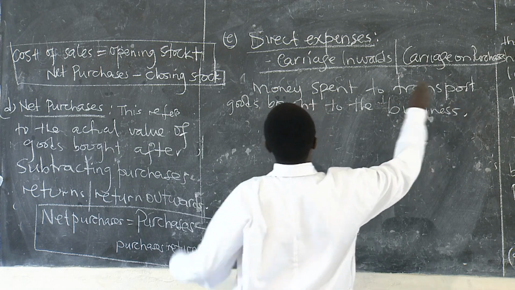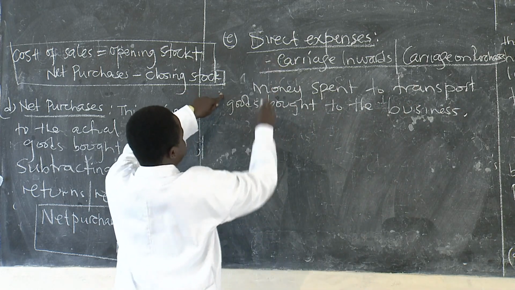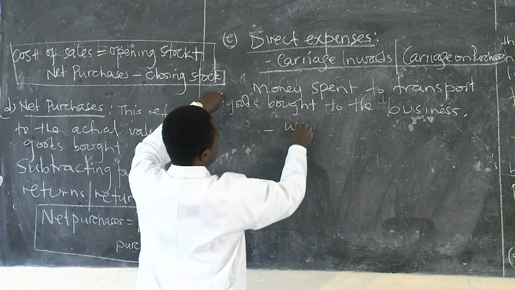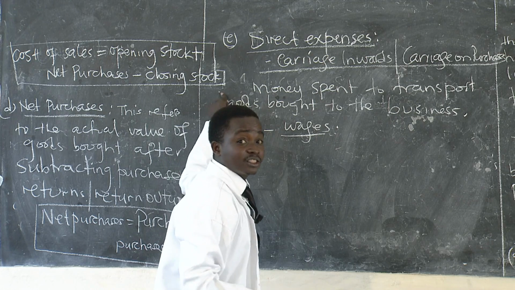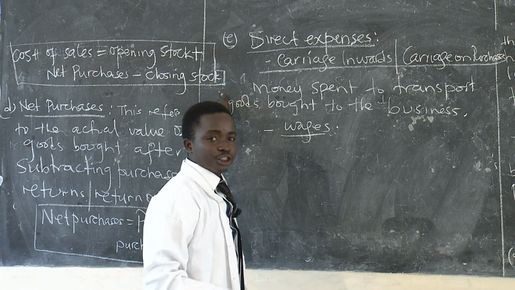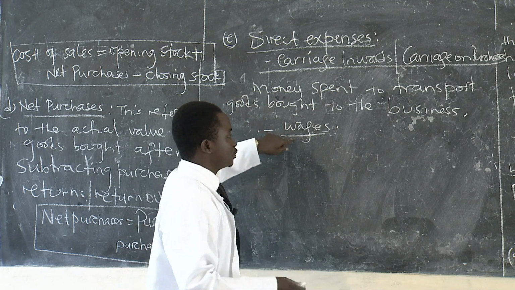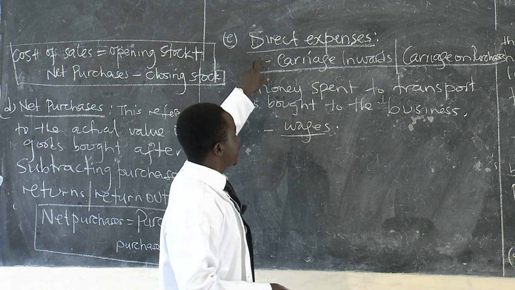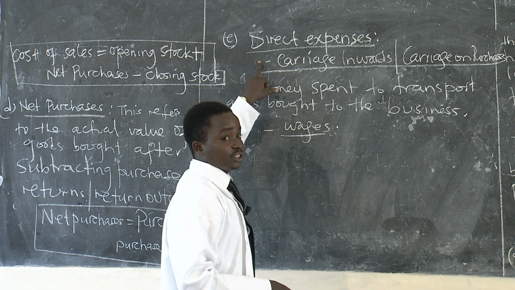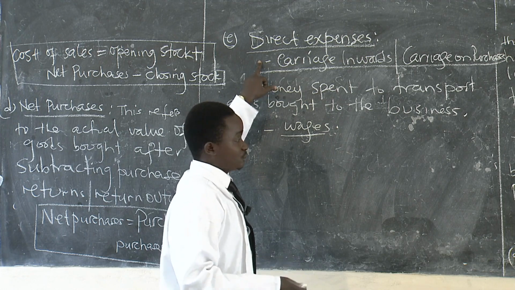Then we have other direct expenses like wages. After buying goods, you have paid some people to help you with loading and offloading goods, so you pay them. That money that you pay them is a wage, and it is added with purchases because it has been spent because of the goods bought.